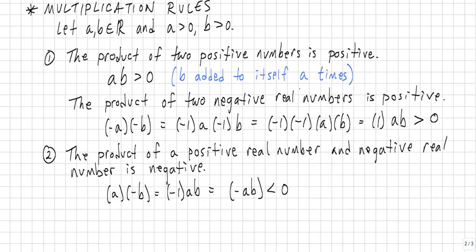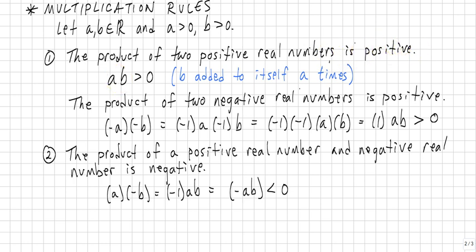All right, so again, these should be familiar, but we'll go back through some basic multiplication rules. If you multiply two positive real numbers together, you should get a positive number. So the product of two positive real numbers is positive.